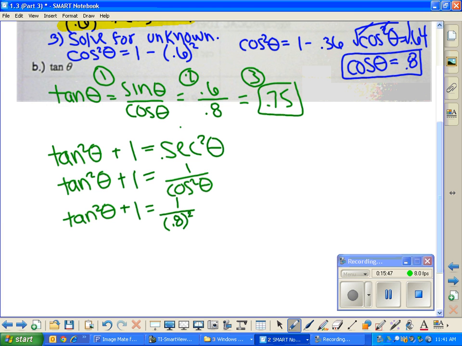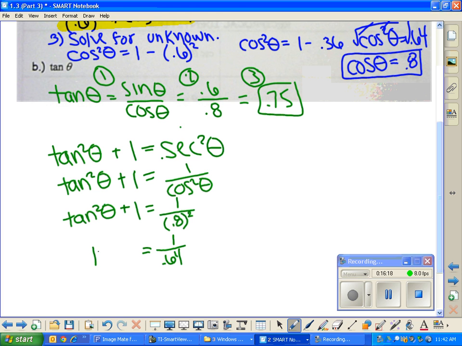What is 1 over 0.8 squared? Do you have that number? Make sure you do 0.8 squared first. So 0.8 squared would be 0.64, right? So 1 over 0.64 is what? I'm just asking for this calculation. Oh, you just did it like that.